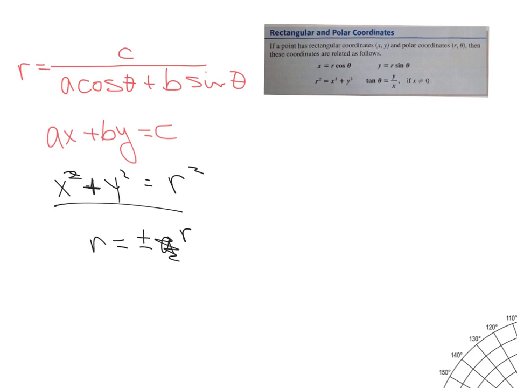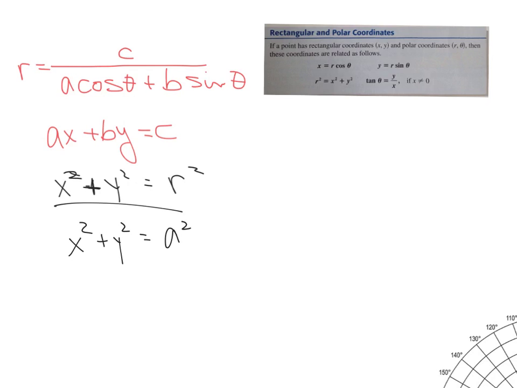Let's go ahead and actually do this. So there is your formula for a circle, but we're going to use a squared instead of r squared. So x squared plus y squared equals a squared, I'm just using a squared as the radius of my circle to distinguish it from the r.